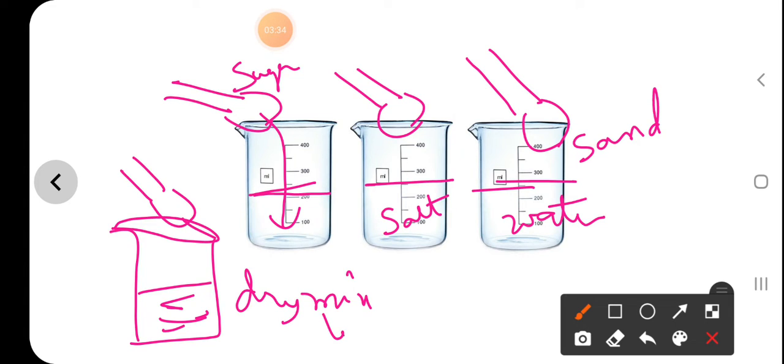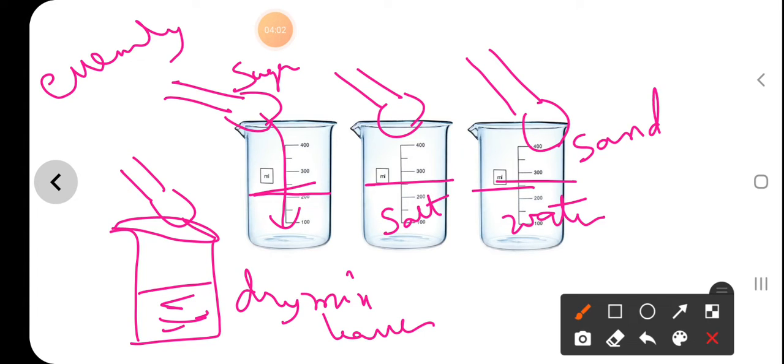When you are mixing these four substances with water, observe them carefully. You will understand that a few substances get mixed with water evenly, or thoroughly. Some of the substances do not get dissolved, which means they do not mix with the water.